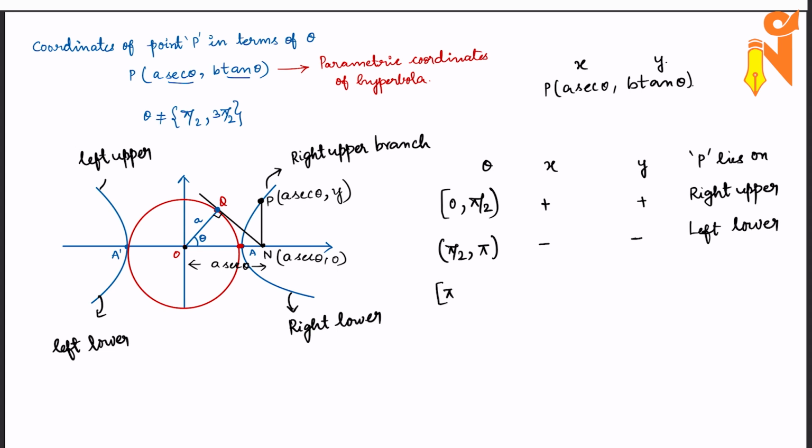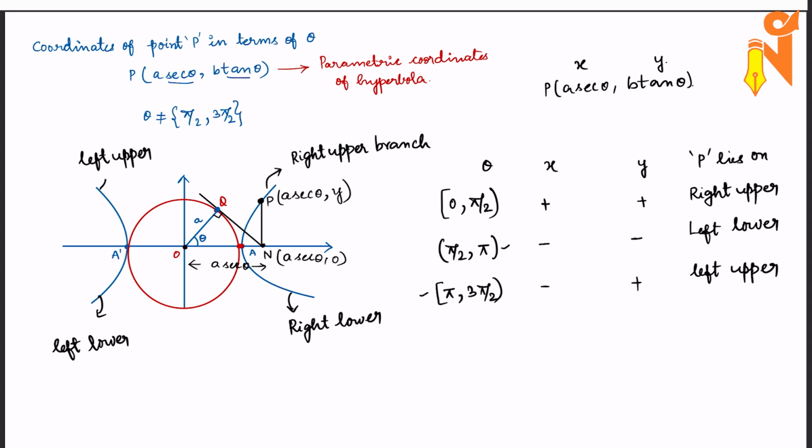Let's take theta lies between pi and 3 pi by 2. You can include pi here or here, it doesn't matter. So it is in the third quadrant now, where tan theta is positive and secant theta is negative. So point P will lie on the second quadrant, where it is the left upper branch.